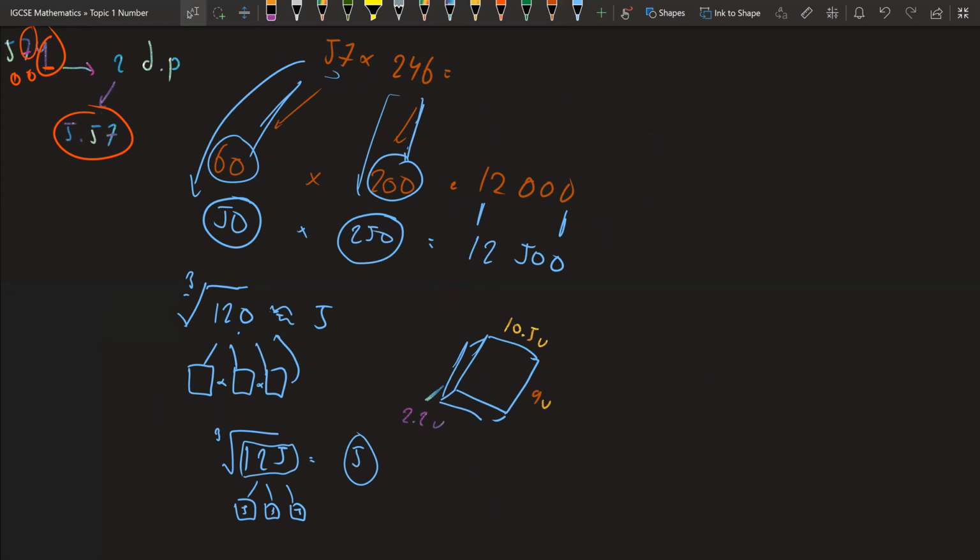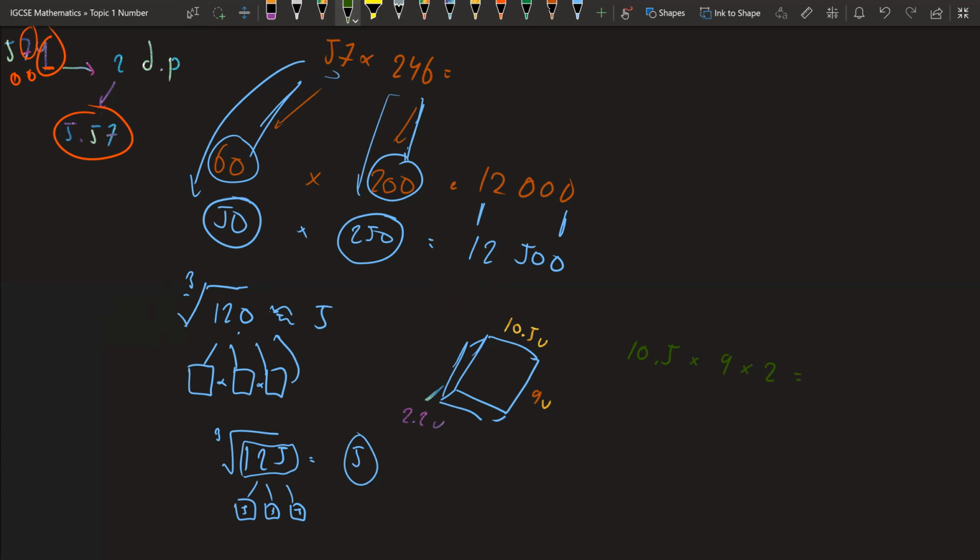But I don't want to do a complicated calculation like 10.5. I'm too lazy to do that, and you don't have a calculator. So you could say that, hey, you know what? At the minimum, it should be 10.5 times 9 times 2.